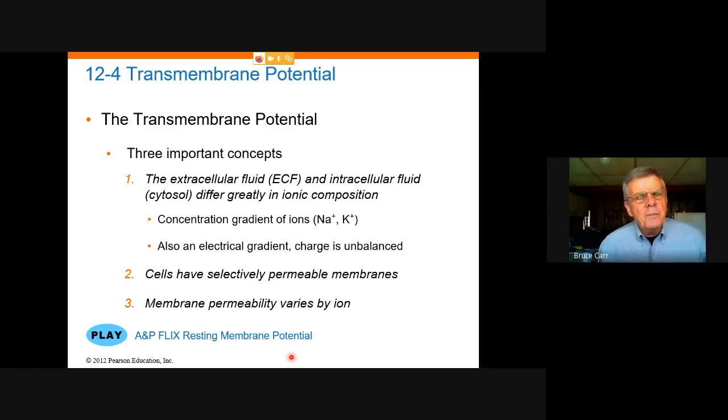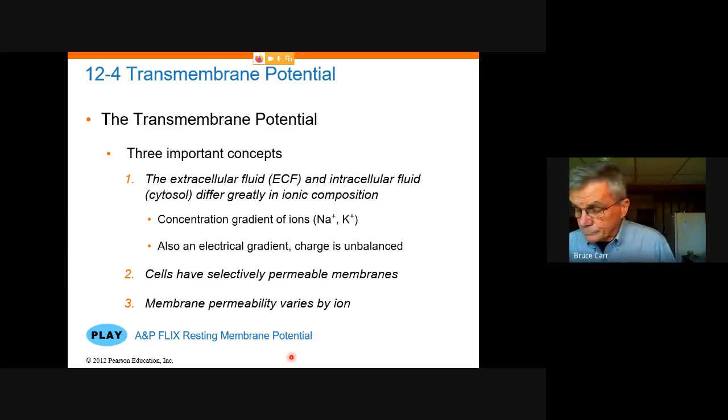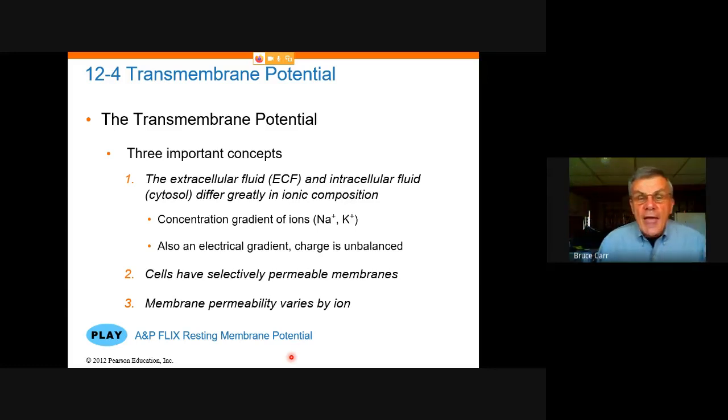Back to a little bit more basic electricity, because we do have the transmembrane potential. It results from physical factors. What are those factors that establish it and determine how it will vary? It begins with the extracellular fluid and the intracellular fluid of the cell itself.